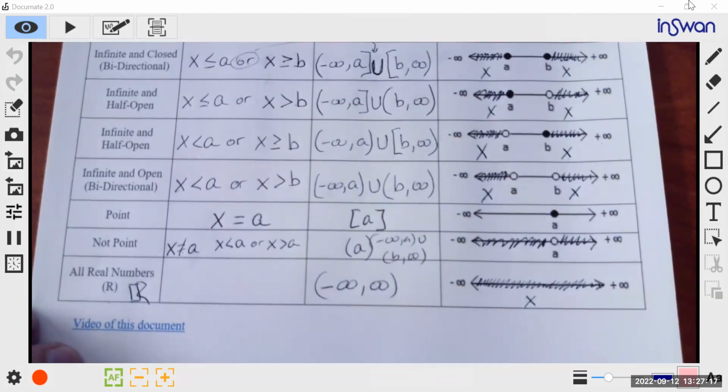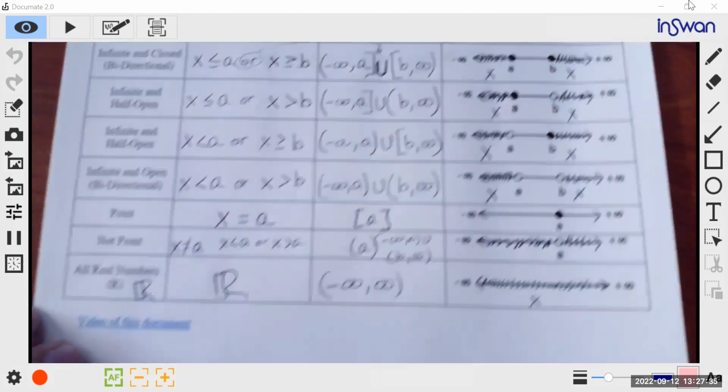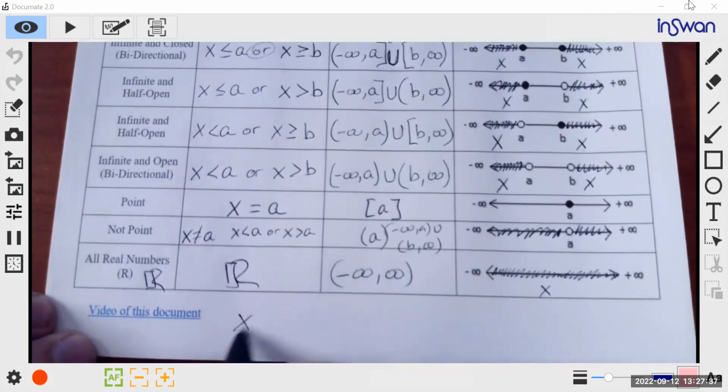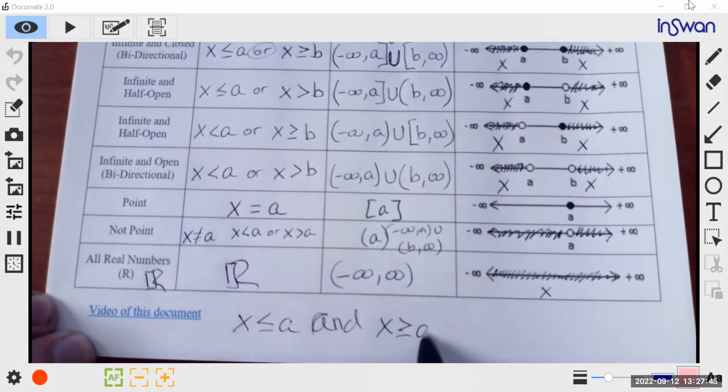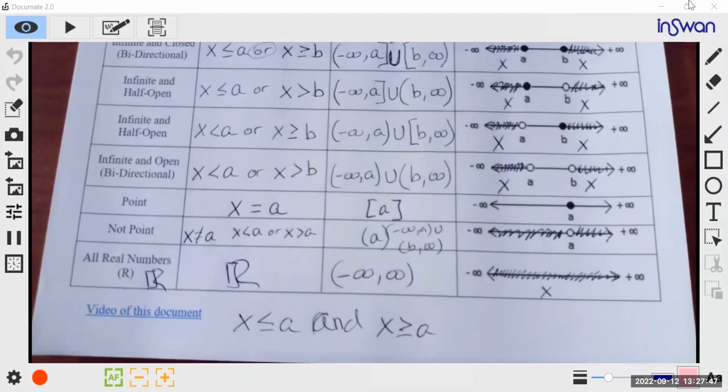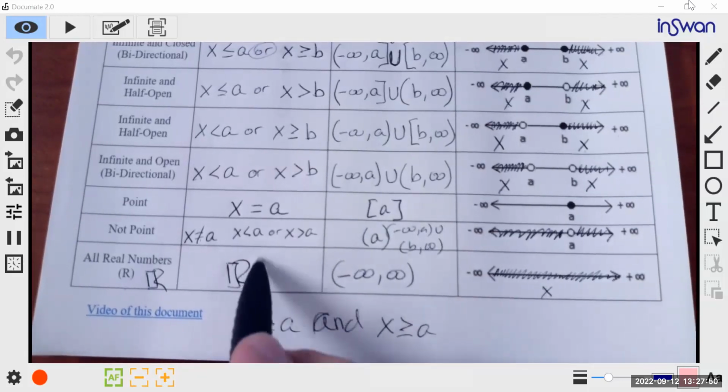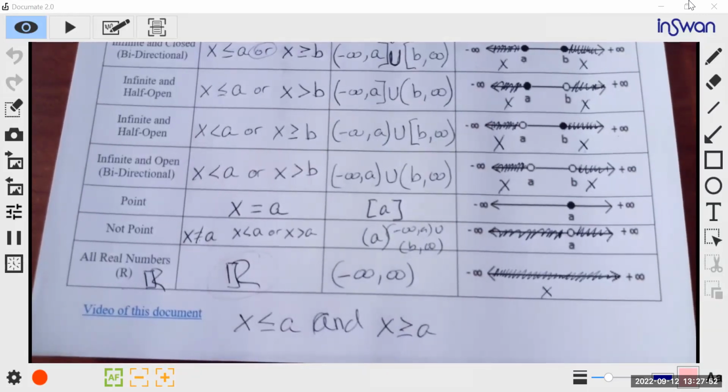How would you put it in set notation? All the numbers. We could say X is less than or equal to A and X is greater than or equal to A. But what we're going to do is just put all real numbers. X is everything and anything.